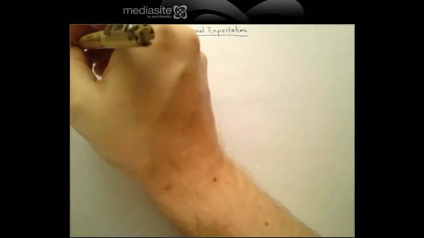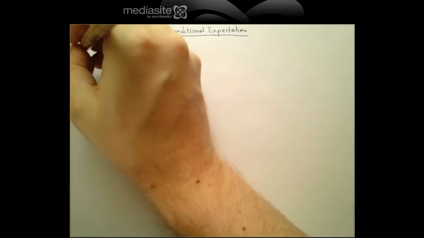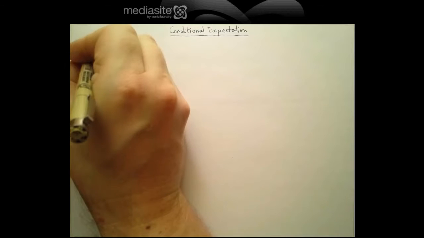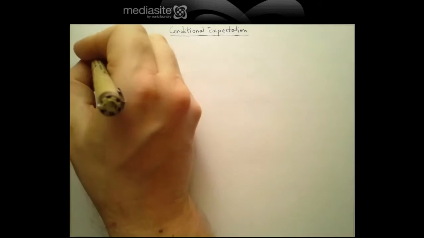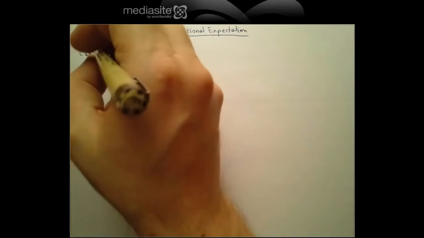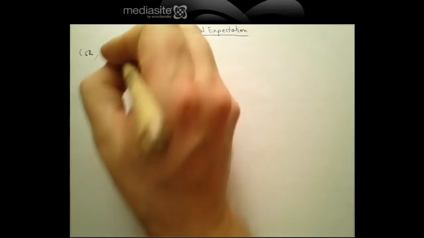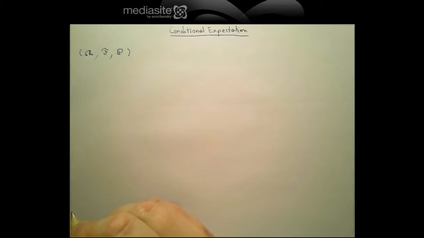Okay, let me talk about conditional expectation. So we need to start out with what's called a probability triple. So that's a sample space, omega, and a family of events that we can measure, and then a probability that we can associate to every event in this family.